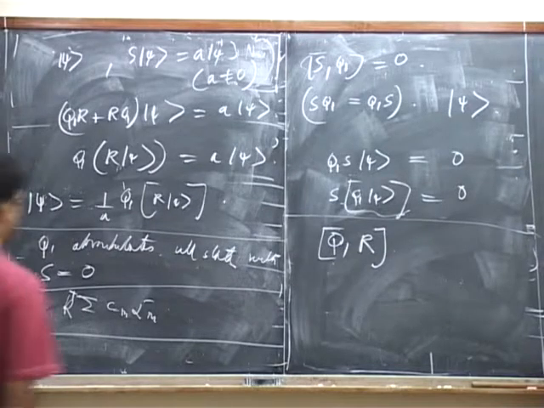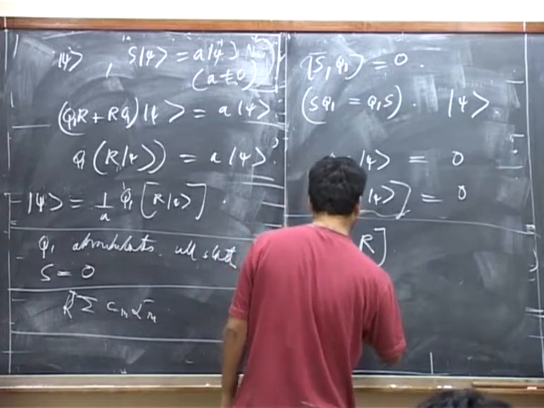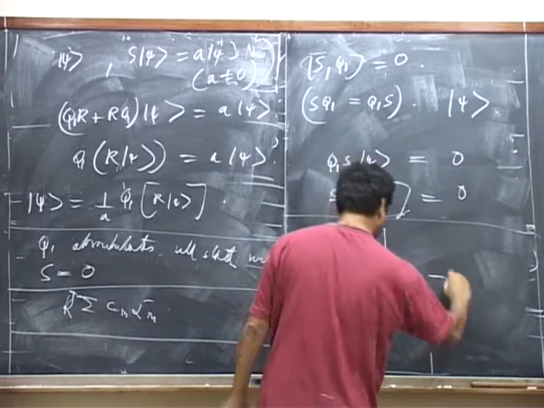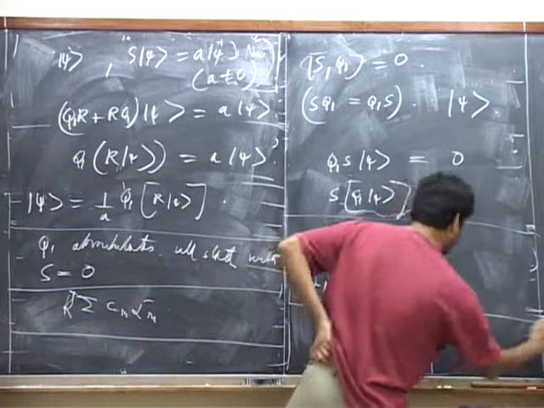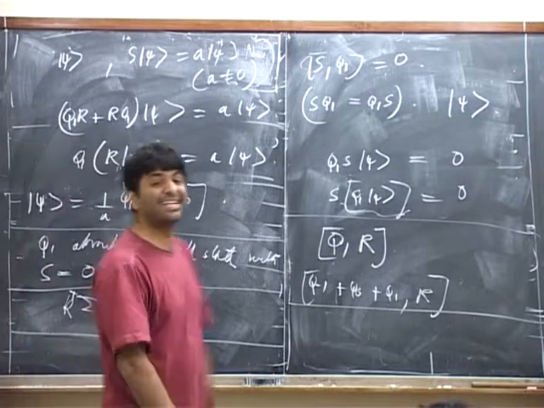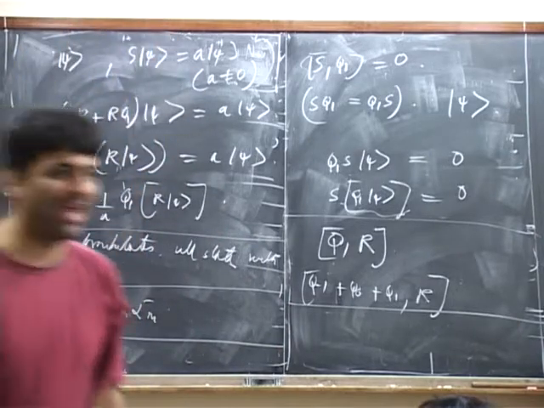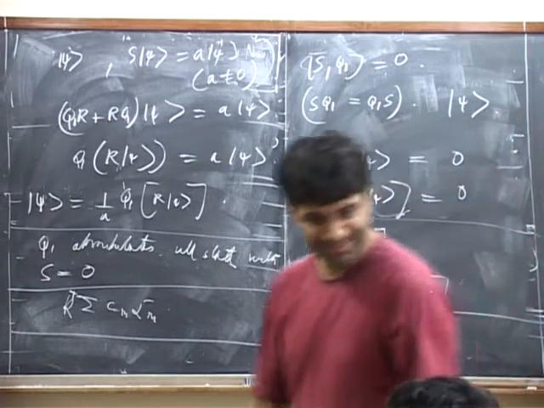So remember, what was Q? Q was Q minus 1 plus Q0 plus Q1. Now let's remind ourselves what the value of R was under NLC. Remember the original NLC operator that we looked at, we've forgotten over the last 30 minutes: the number of minus oscillators minus the number of plus oscillators.